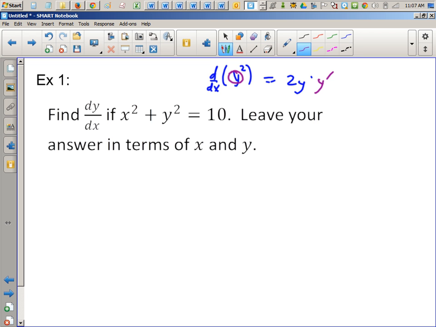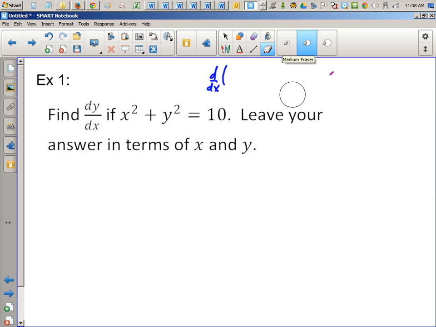So we need a chain rule. Always. The only time you don't really need the chain rule is when the inside is x. So let me ask that question again. What's the derivative of y squared? 2y times y prime, the derivative of the unknown inside function.